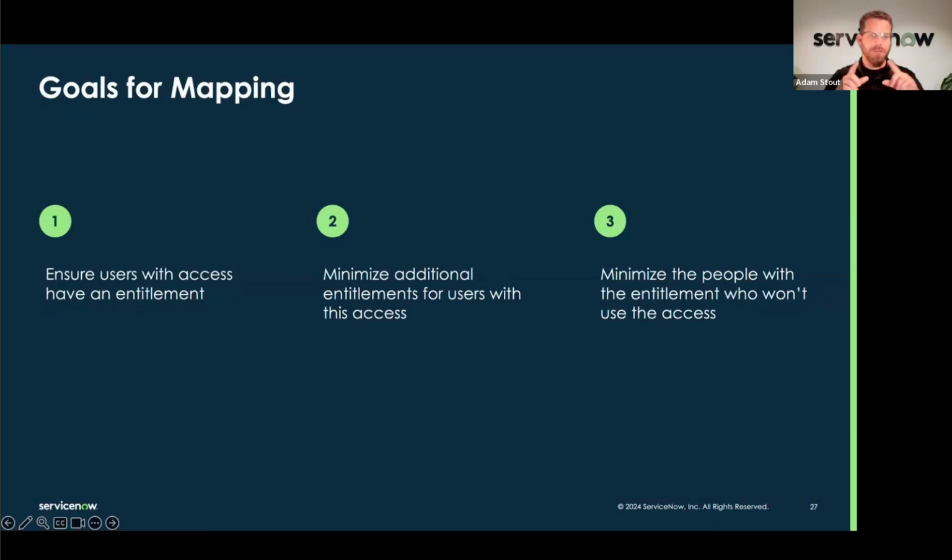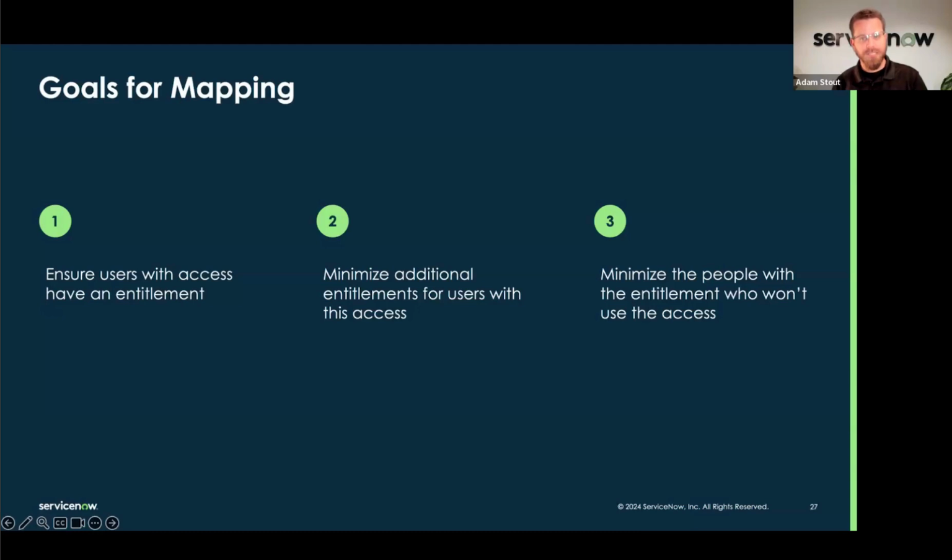And then the third one: minimize the people who have the entitlement but don't have the access. So I have a custom table that is only used by ITSM users that already have ITSM licenses. Great. So I don't have to buy them anything else, and all the users that use this already have the license. That's a great candidate to map to it.